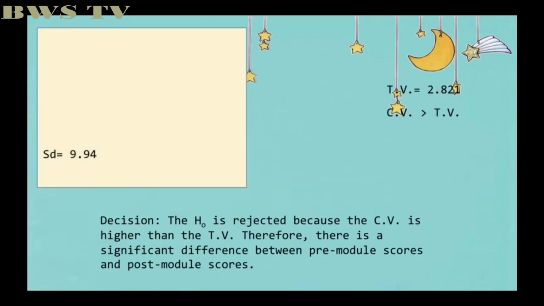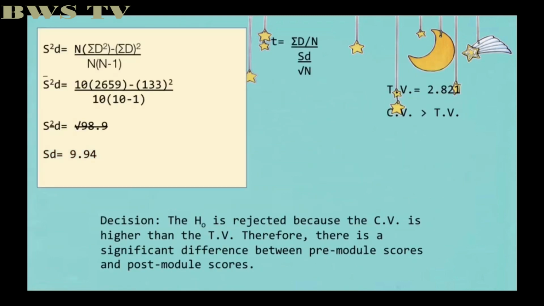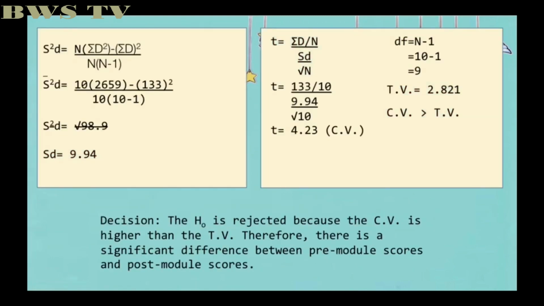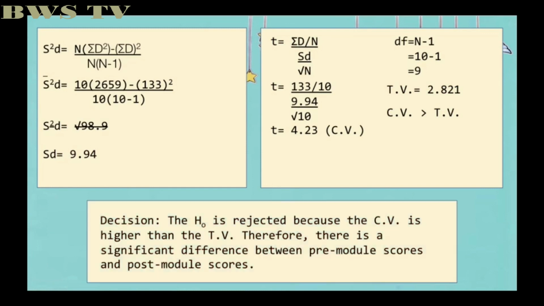The formula for standard deviation is N times summation of D squared minus summation of D squared over N times N minus 1. Then we substitute 10 times 2659 minus 133 squared over 10 times 10 minus 1. The answer is 98.9. Then we find the square root, which is 9.94.